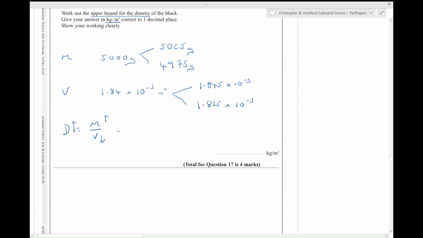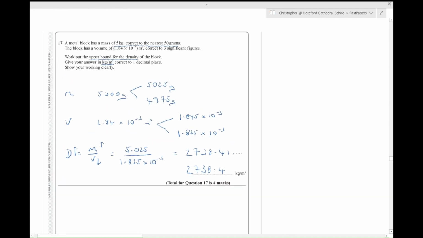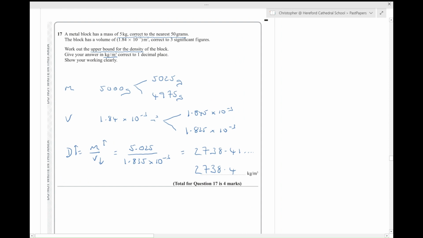So the mass is going to be 5.025 and the volume, the lowest possible volume, 1.835 times 10 to the minus 3. Put that in my calculator, and I get 2,738.41 and so on. So to one decimal place, that's 2,738.4. And that is question 17 complete.